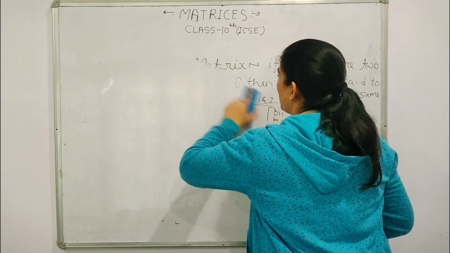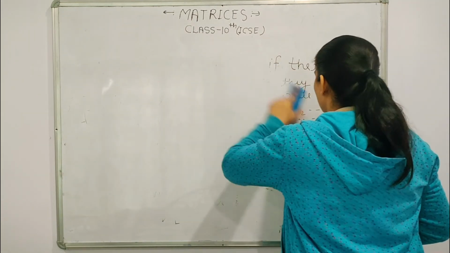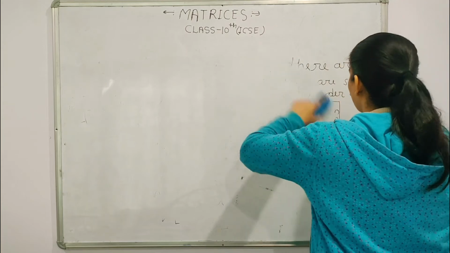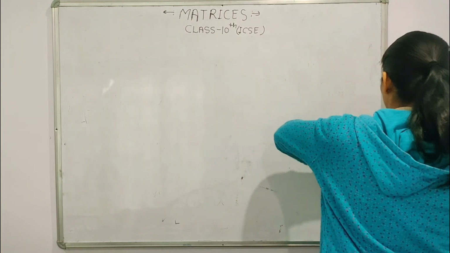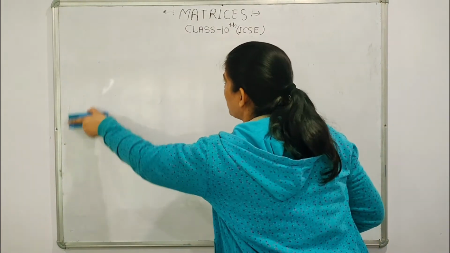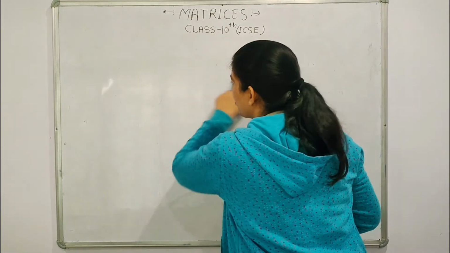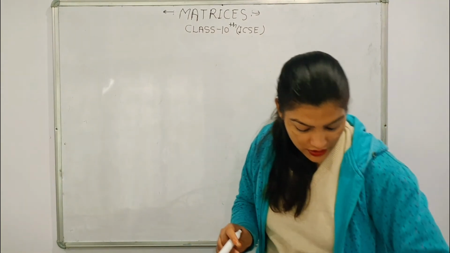Most of the questions in the first exercise are of equivalency. That means we have to compare the two corresponding angles of the two given matrices, and sometimes they give us the rule and we have to find the whole matrix.